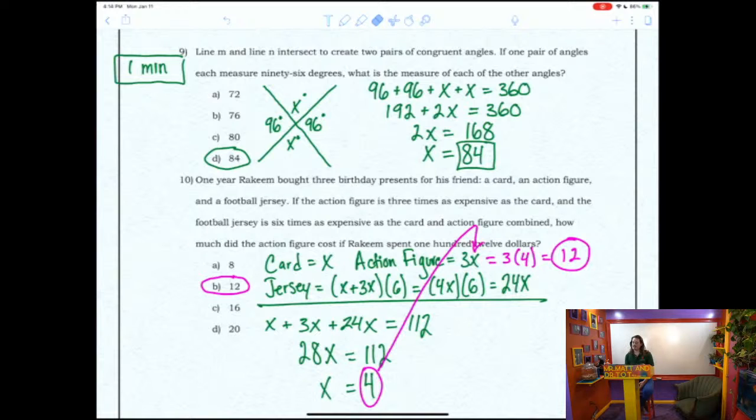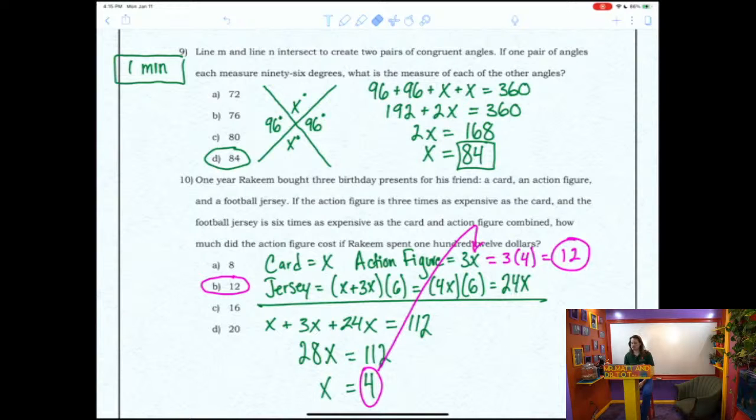For 10, if we pick the card to be the foundational unit here, in which we compare all the other costs to the cost of the card, by letting the card's cost be equal to x, if the action figure's cost is 3 times the card, then its cost would have to be 3x.